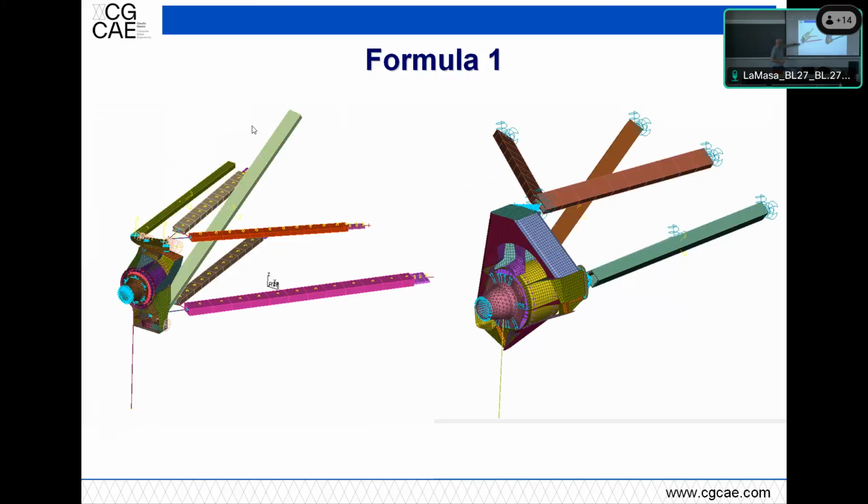Don't care about these elements, which are, again, beam elements just to properly constrain the two uprights. This is the so-called upright, which is carrying the wheel bearings and the hub where the wheel is attached. The wheel here is schematized with a rigid element to the contact patch, where the tire is touching the ground, and where the forces for the suspension are introduced.